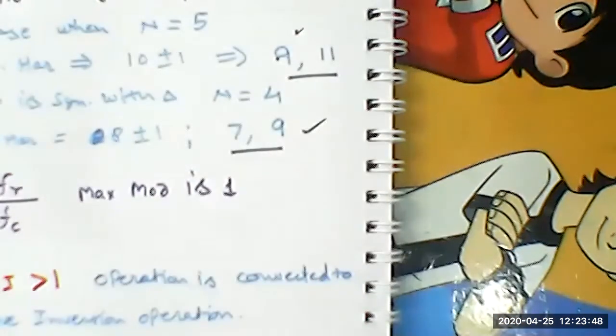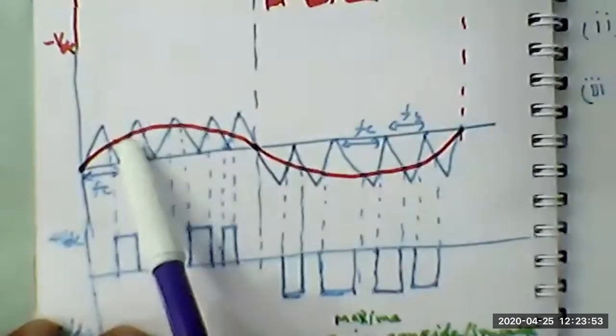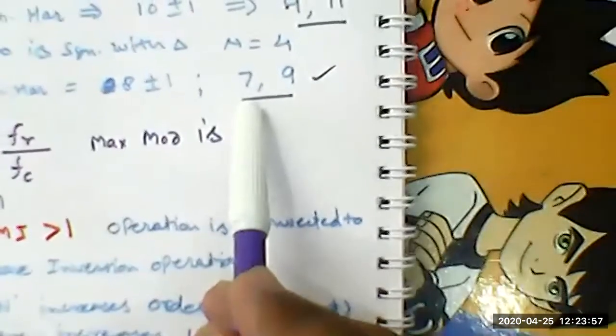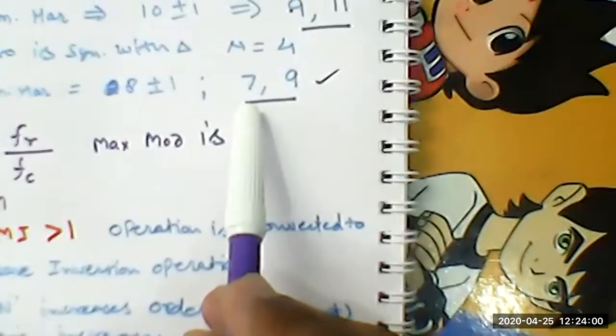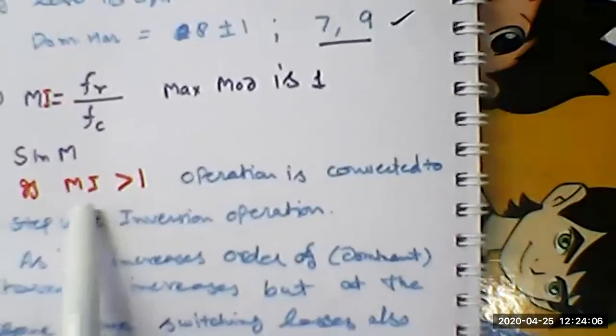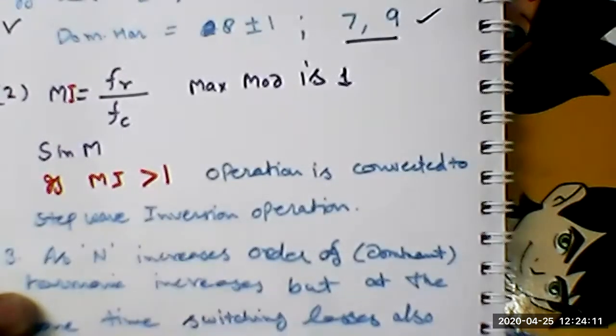Whereas when zero is synchronized with sine, the dominant harmonic component would be 7th. This we have noticed, and we also discussed that if the modulation index is more than 1, then the inverter behaves like a step wave inverter. It is no longer the sinusoidal inverter. Today we will see various harmonic reduction techniques, right?